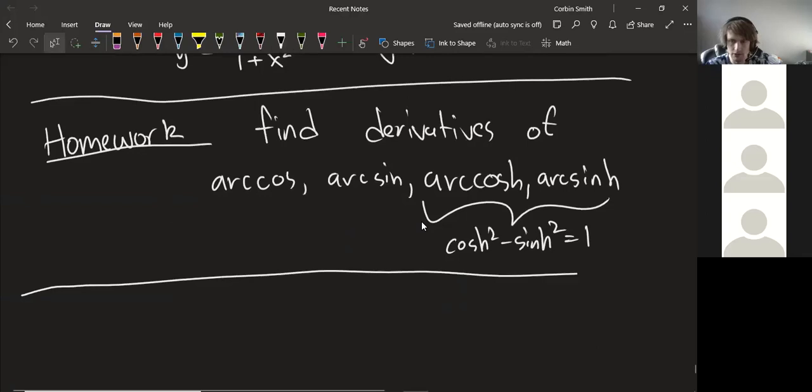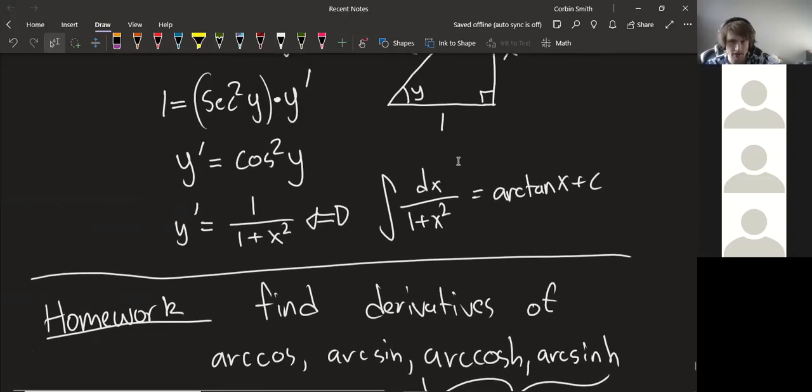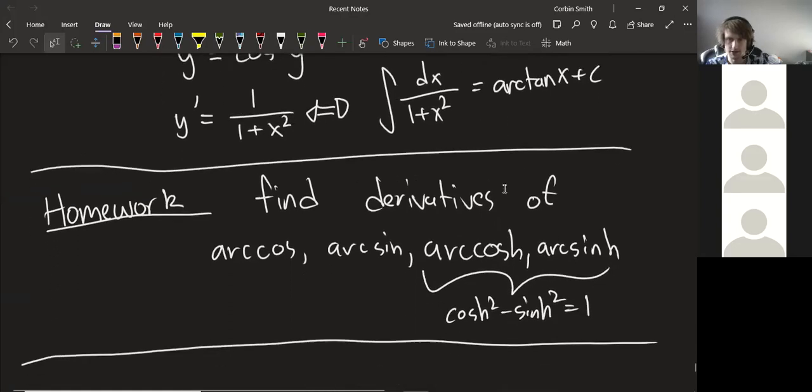And if you are able to do these, then you will at least be able to compete in some integration bees in the future. So let's find a series for arctan. Technically, this is the only integral that I needed, but let's find a series for arctan.